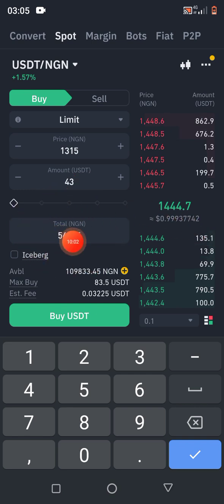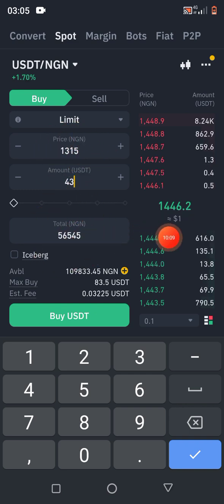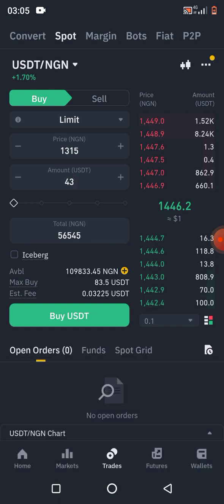So we bought 43 USDT last week for 56,500, right? And we sold it at 63,000. That's how much difference we're talking about, let's say 7,000 plus.